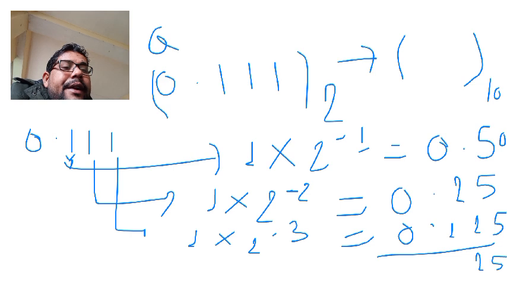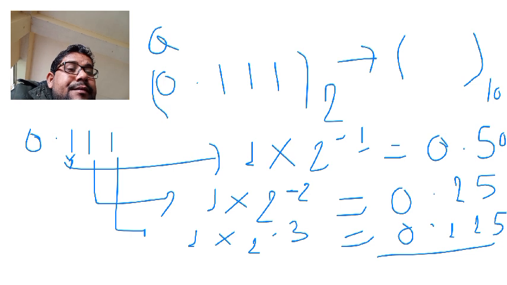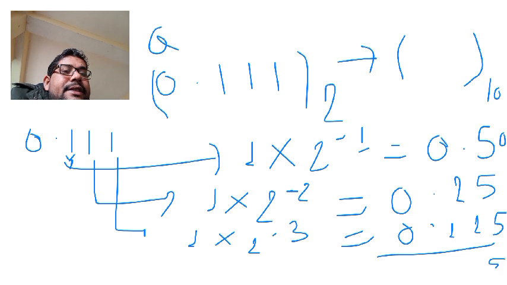Then 5 plus 2 is 7, plus 1 is 8, so the sum is 0.875.